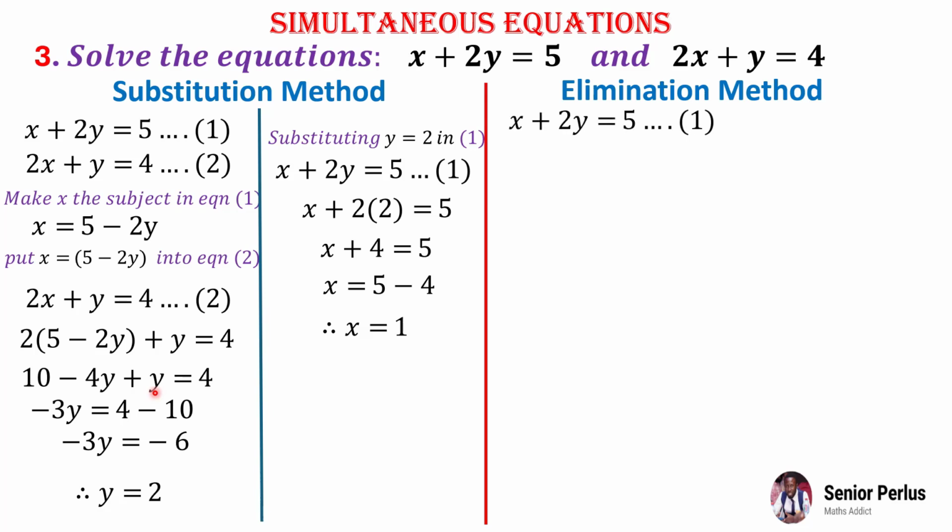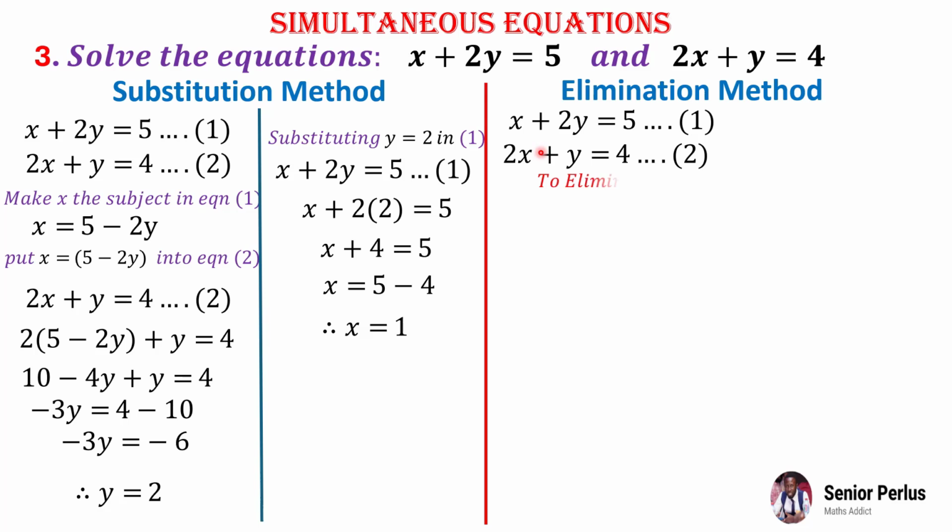So let's move on to the elimination method. How can we use the elimination method to solve the same question? With the elimination method, we have to eliminate one of the variables. And here it's difficult for us to eliminate one of the variables because they are not the same. So earlier in equation 2, for us to eliminate a variable, we just multiplied it by a number so that it will look the same.